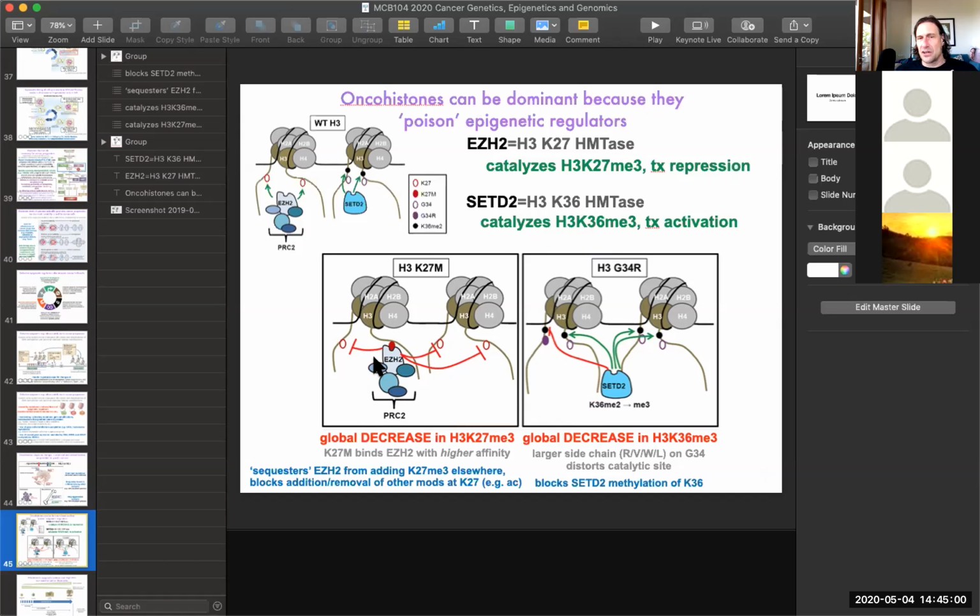It's not just about these oncogenes, it's also, there are other cases we didn't talk about where individual components of the polycomb complex themselves can be mutated, not the histone amino acids, and that those can also be observed as mutated in different kinds of cancers. So keep in mind, this is a very specific model for why these oncohistones have impact.